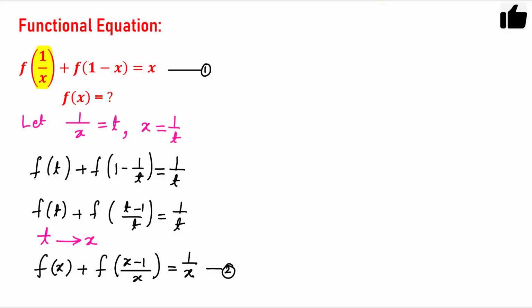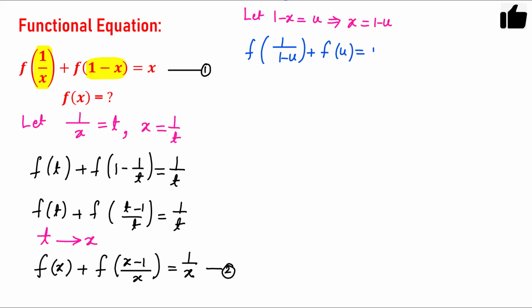Now let us make another substitution, that is 1 - x equals some variable. So let 1 - x = u. So now from here I can write x in terms of u, x = 1 - u. So now the function becomes f(1/x), with x being 1 - u, and this is f(u), and this is equal to x, and x is nothing but 1 - u.